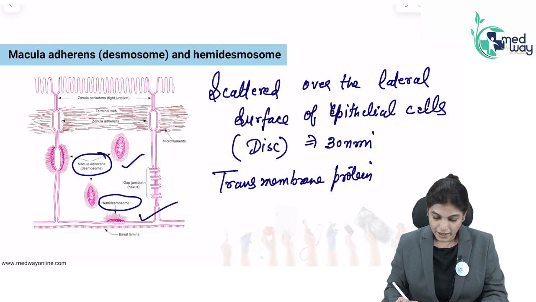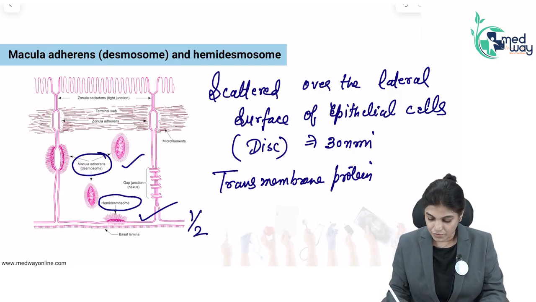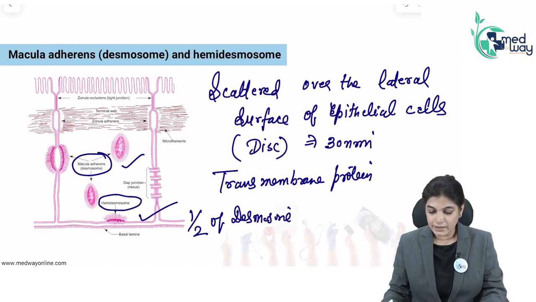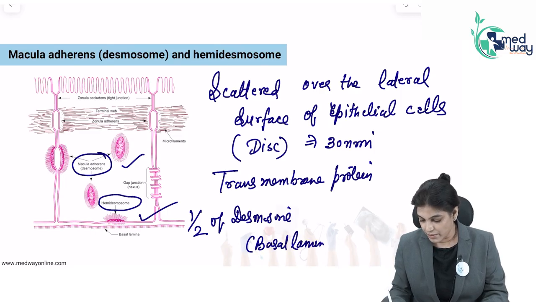Hemidesmosomes are more towards the basal aspect, and the shape is like half of a desmosome, close to the basal lamina, as shown in the image also.